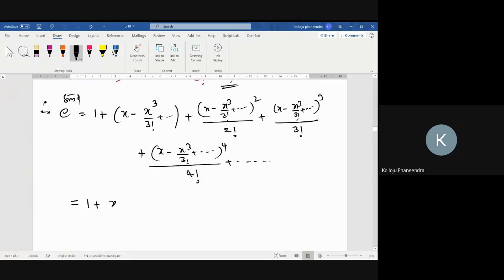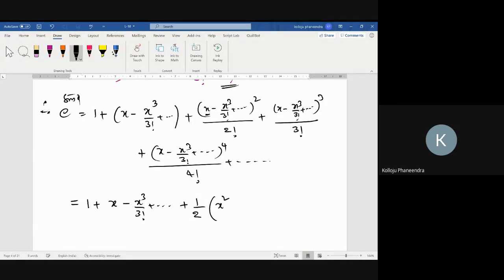So 1 plus x must be there, minus x cube by 3 factorial must be there, since the required series is up to x power 4. So these terms are considerable. Plus now in the second term, 1 by 2 factorial, in this x minus x cube whole square, how many terms are required? Required is up to x power 4 only. So a plus b whole square: the first terms are a square plus b square. Using that, the first term is x square.